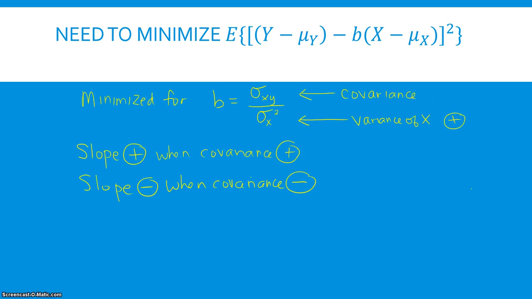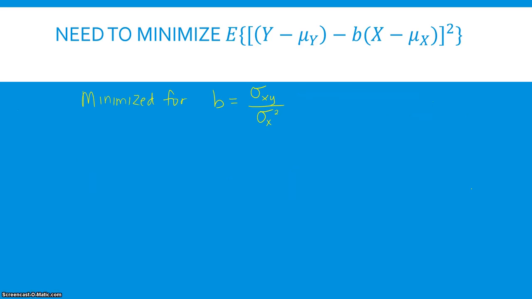The slope is positive when the covariance is positive. The slope is negative when the covariance is negative. And since the correlation is equal to the covariance of x and y divided by sigma x times sigma y, we can rewrite the slope as the correlation times sigma y over sigma x.